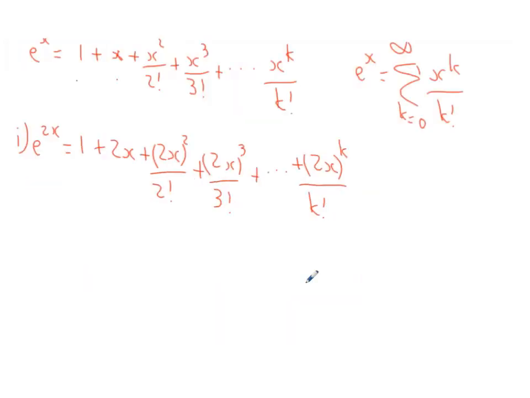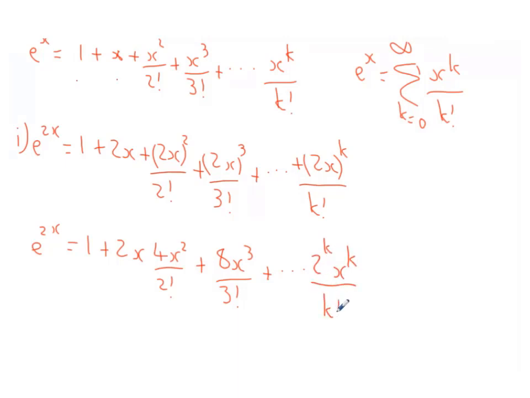You could just leave it like that, or for the first few terms you could say e to the 2x equals 1 plus 2x plus, well, (2x) squared is 4x squared, so 4x squared over 2 factorial, plus 2 cubed is 8, so 8x cubed over 3 factorial, plus and so on. And if we're doing it like that, it's going to be 2 to the k x to the k over k factorial.